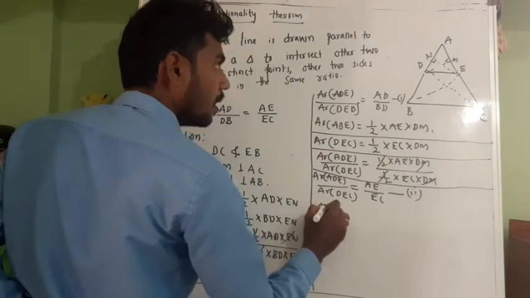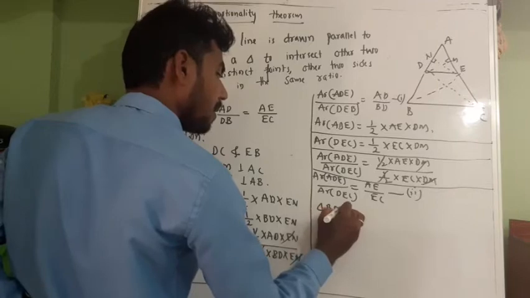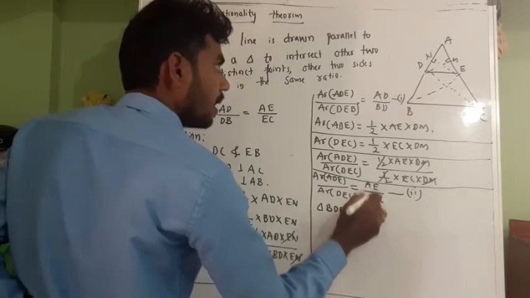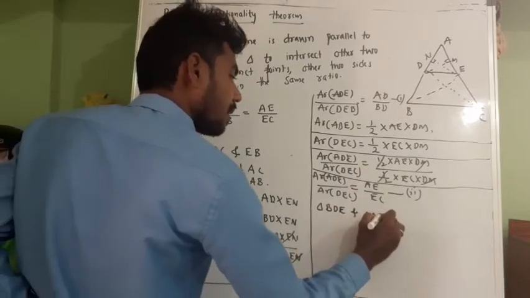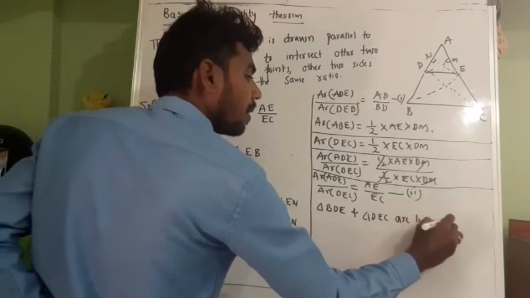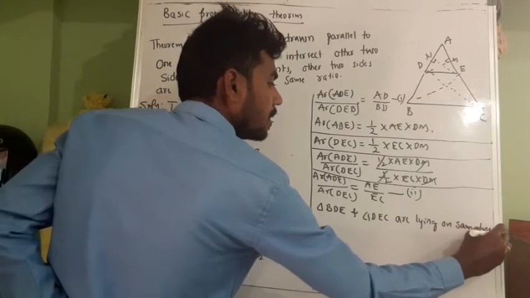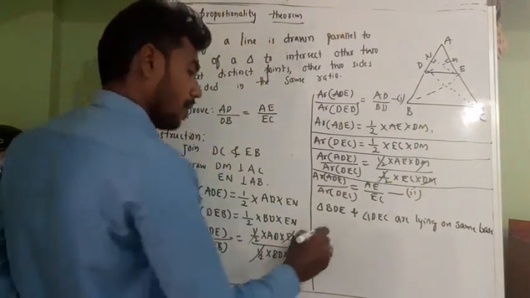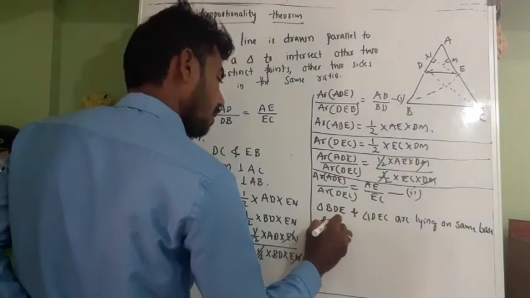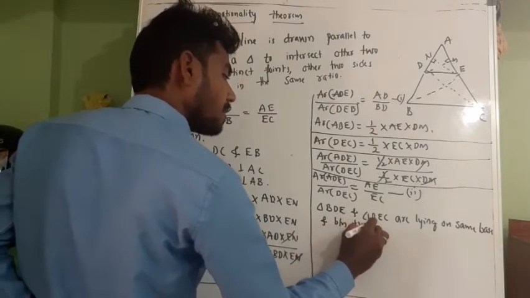Triangle BDE and triangle DEC are lying on the same base, and between two parallel lines.